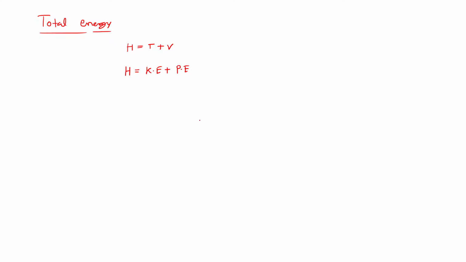Addition, you get the total energy H. So H, kinetic energy T, and potential energy V. If I apply a wave function on this, what will happen? E operator psi.